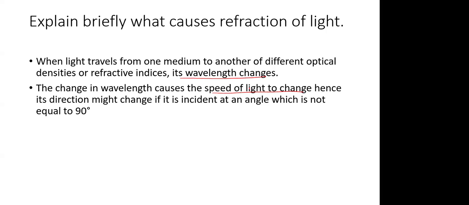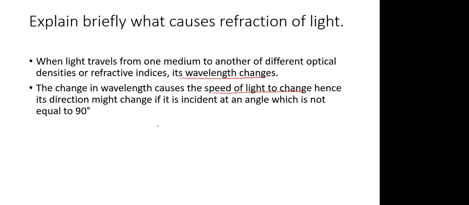The change in the wavelength, as light moves from one medium to another, will cause the change in the speed of light. So those are the two things. Whenever they ask what are the causes of refraction: changes in the wavelength and changes in the speed of light, as light moves from one medium to another of different optical densities.